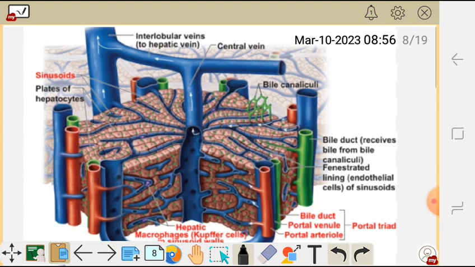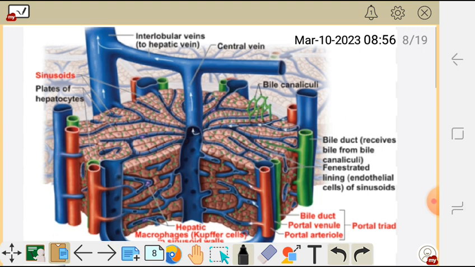This lobule is a hexagonal shaped structure, as you can see here, and in its angles we have what we call portal triads. So these portal triads are formed by 3 vessels, which are the hepatic artery, the portal vein and the bile duct there, and then we have the structure which runs from the portal triad to the central vein, and that structure is called the sinusoid.